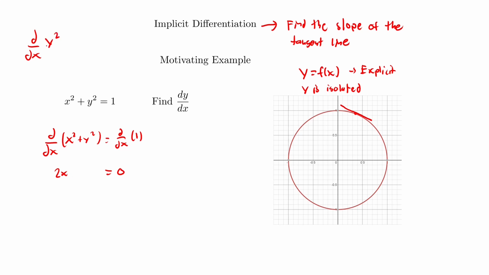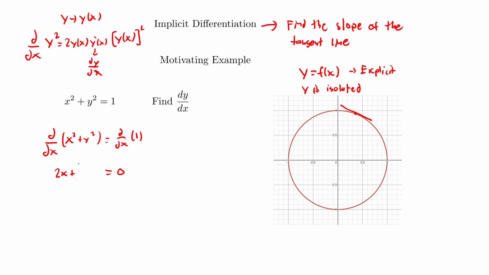But what you want to think about here is that y is sort of a function of x. Okay, so y is sort of something of the form y of x. And really what we have going on here is something that resembles y of x squared. If I were to take the derivative of this, it would be 2y of x, and then since y of x is itself a function, this would be y prime of x, or perhaps dy dx.